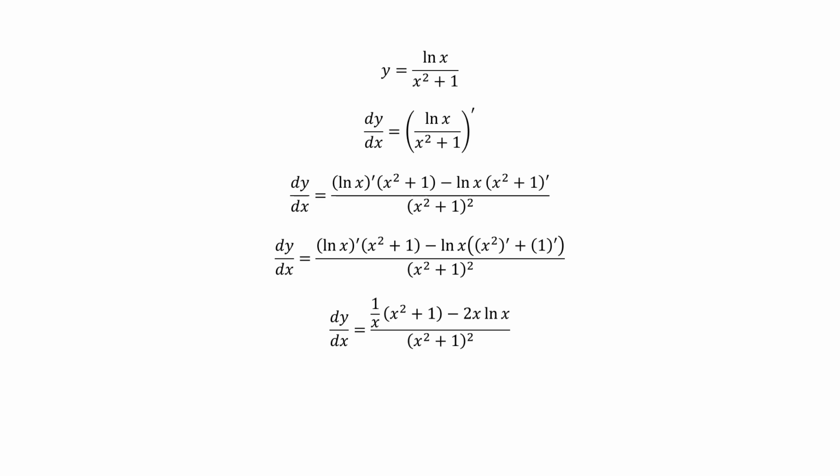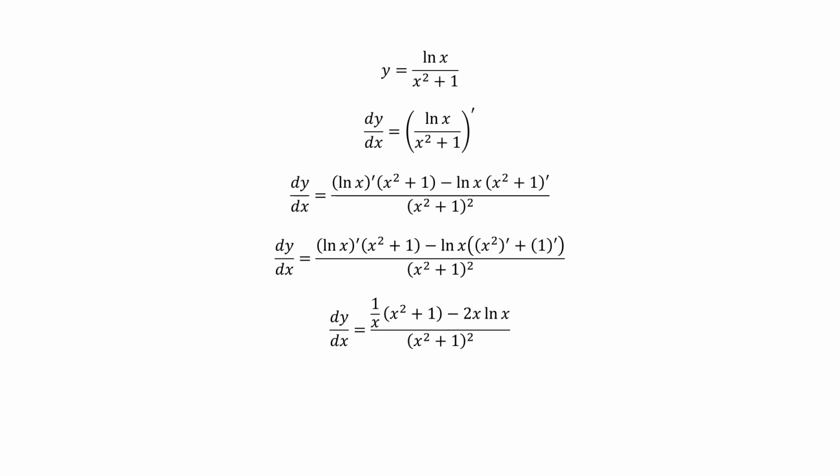dy by dx equals 1 over x times x squared plus 1 minus 2x times natural log of x all over x squared plus 1 squared. We can now simplify this by multiplying both the numerator and the denominator by x.